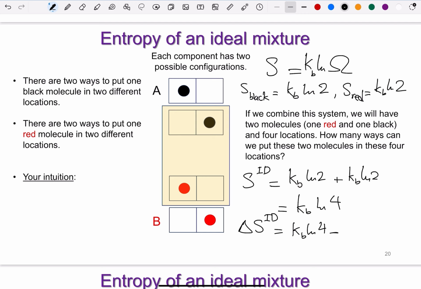The pure component ones, which were Kb ln 2 plus Kb ln 2, right? What is that? 0. There is a big issue in my argument here. There's an issue here.